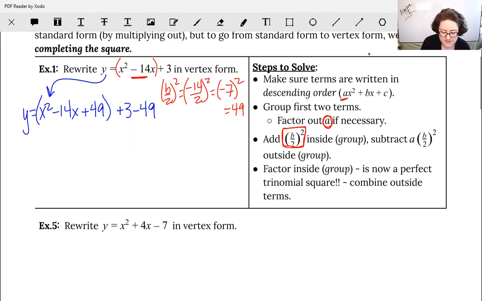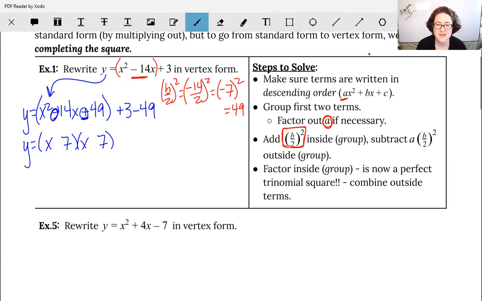Now I have x squared - 14x + 49, and I can factor that. I know it starts with an x and an x. The 49 is a perfect square, 7 and 7, and I need two negative signs to multiply to make it positive but add to make it negative, so negative 7 and negative 7.